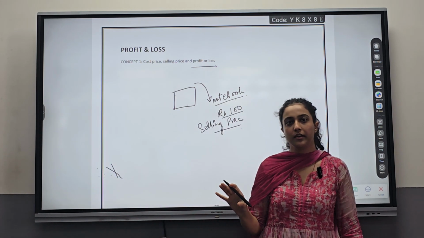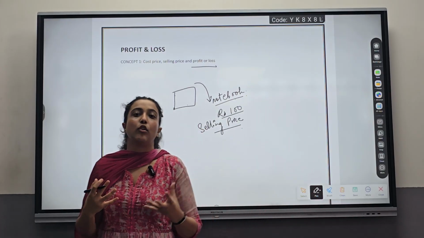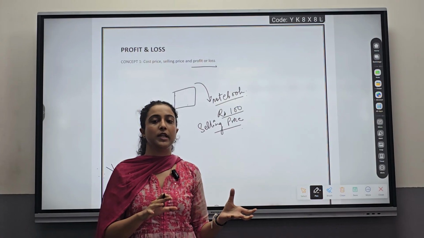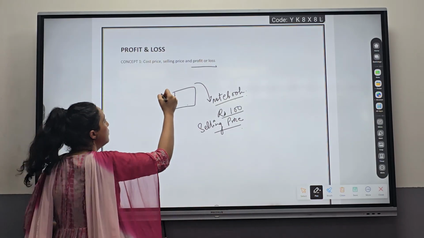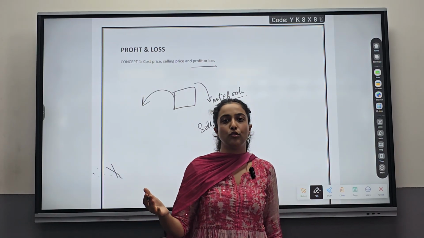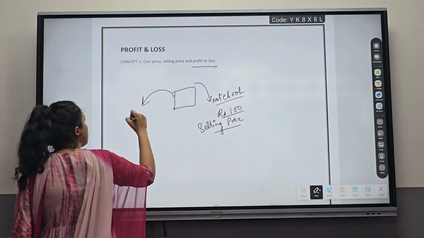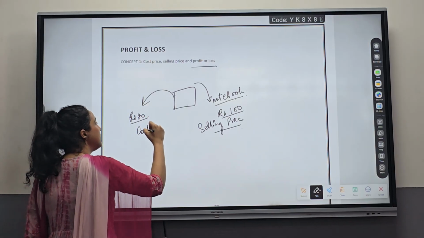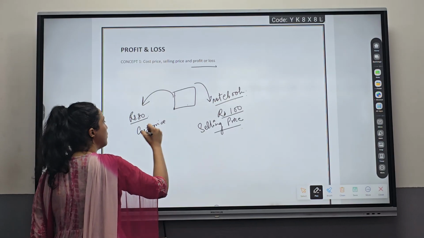As simple as that, right? But you might have also purchased that notebook from somewhere for some amount of rupees, right? So when you purchased that notebook, let's say you purchased it for ₹80. ₹80 will be cost price of that notebook.